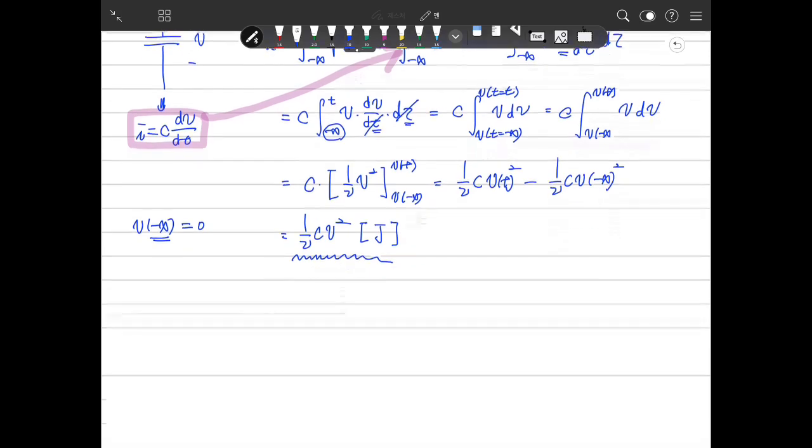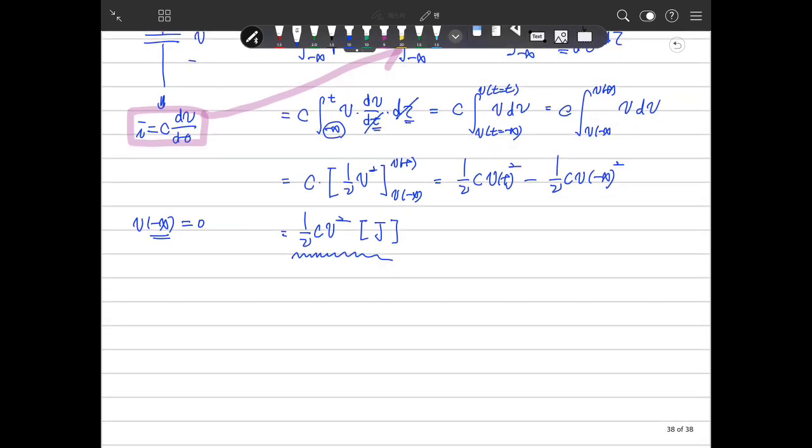So if we have an example, this is a 1 farad capacitance, and the voltage between the two poles is 100 volts. How much energy is stored in this capacitor? That means W is 1/2 C V squared.